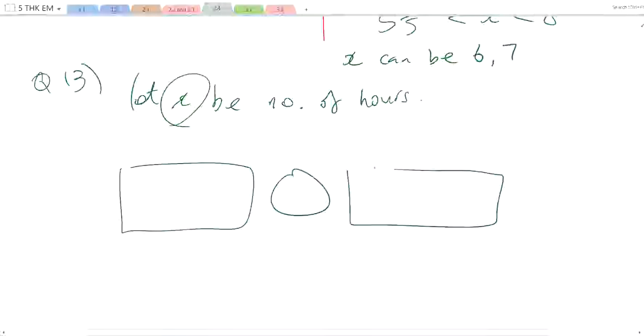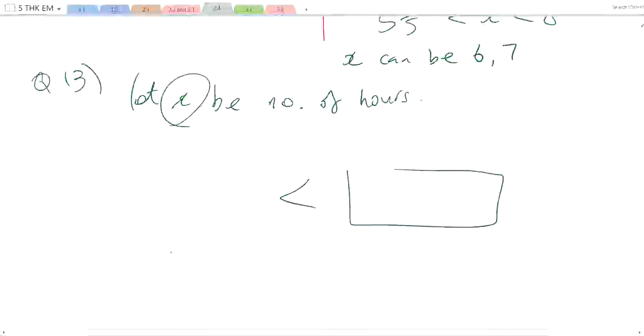Which one do you want to fill in first? Inequality or the expressions? Okay, what's the inequality? Less than. Then? Okay, what is on the left hand side now? What is supposed to be less than what?